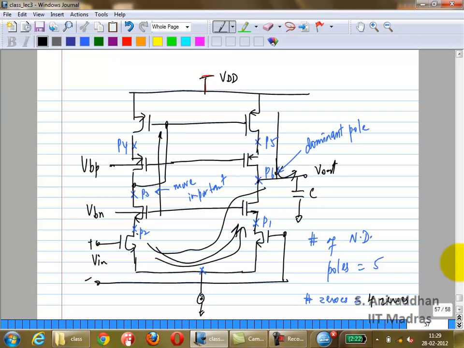Remember that the input impedance looking in here is approximately 1 over GM, but it does depend on the impedance at the drain to some extent. So you're right, you will get 2 very close poles. So yeah, if you just say they're approximately 1 over GM, you'll only get 3 zeros. Okay?